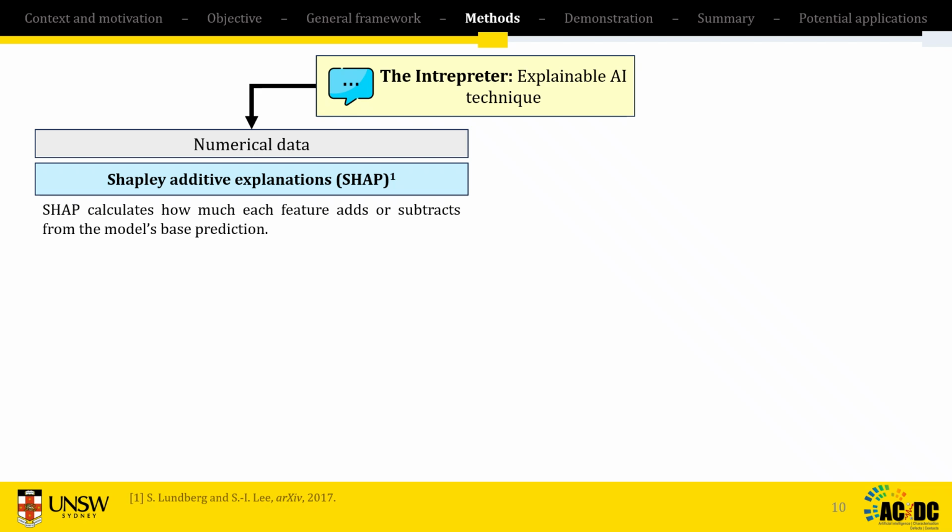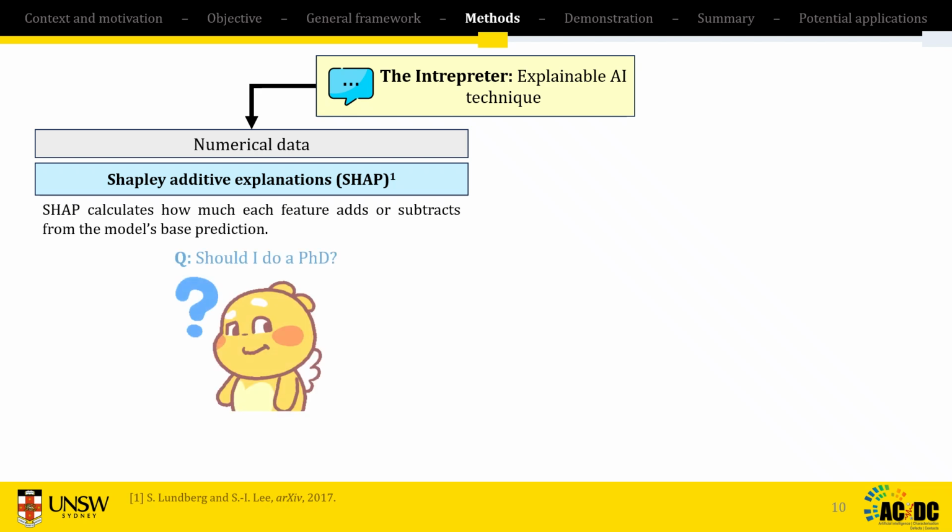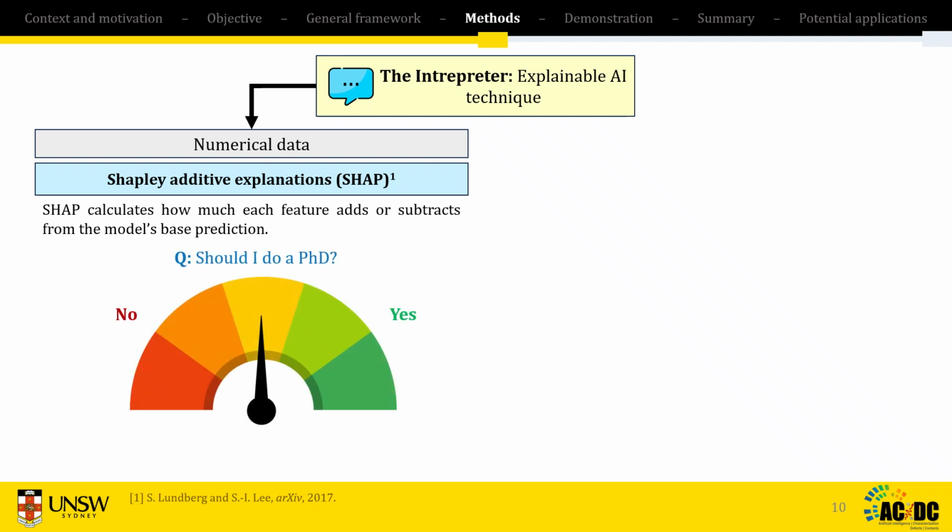So let's use an example. At some point, we all ask ourselves the big question: should I do a PhD? Say the base probability of doing so is 50%, you then consider the different factors. Oh, I love research, and the dial goes up. Oh, but it's a 4-year commitment, maybe even longer, and the dial drops.